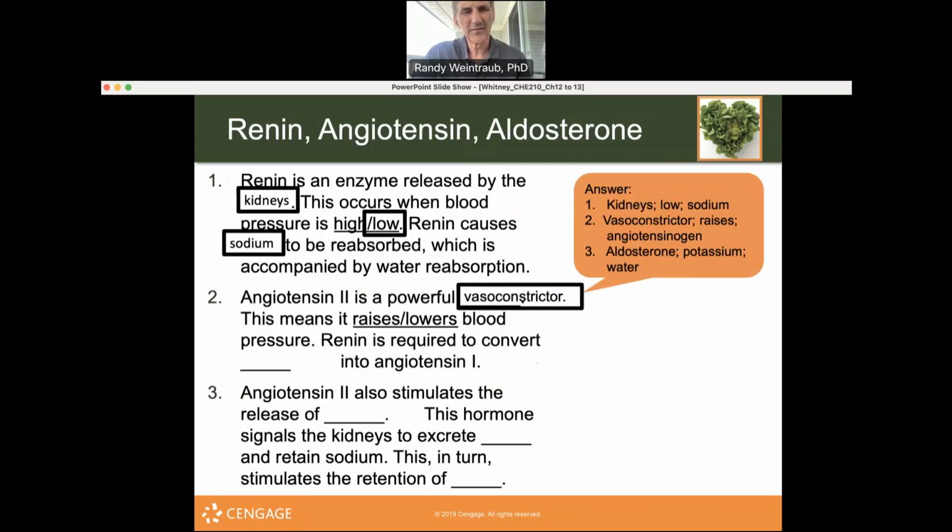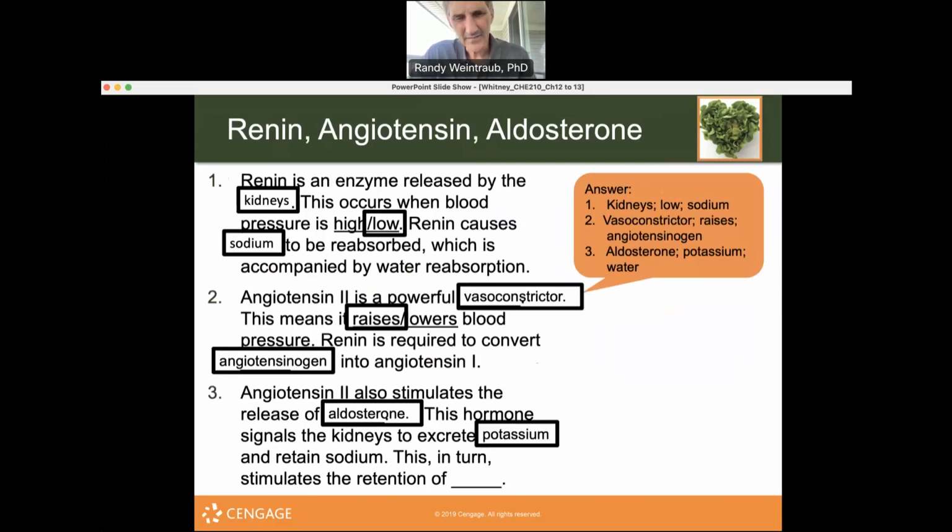This means that it raises blood pressure. The renin is required to convert angiotensinogen to angiotensin 1. Angiotensin 2 also stimulates the release of aldosterone, another hormone that signals the kidneys to excrete potassium and retain sodium. This in turn stimulates the retention of water.